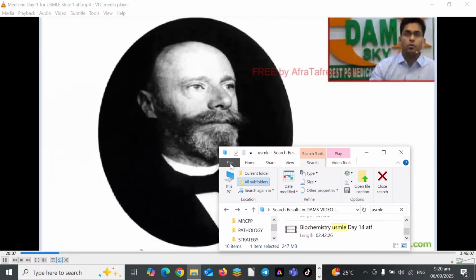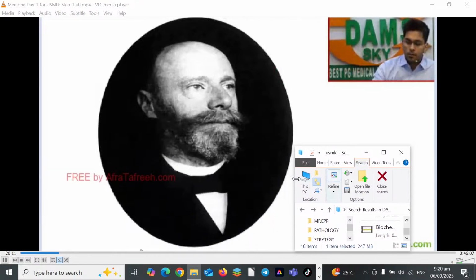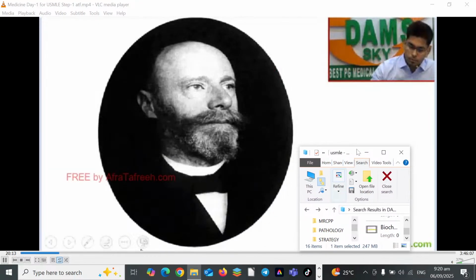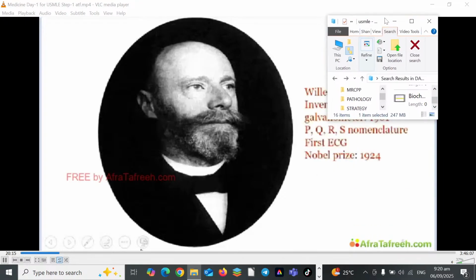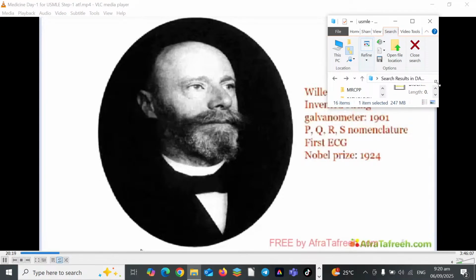Any idea who this guy is? He is Sir William Einthoven, the guy who created the string galvanometer, which is the EKG. This is just trivia.